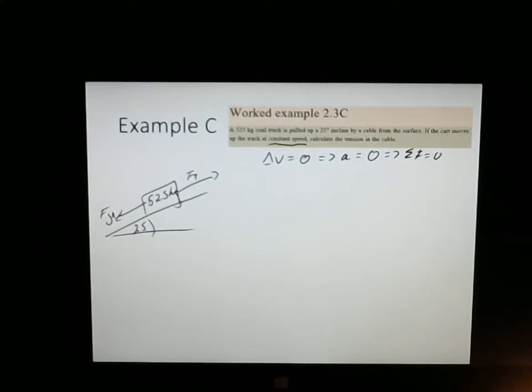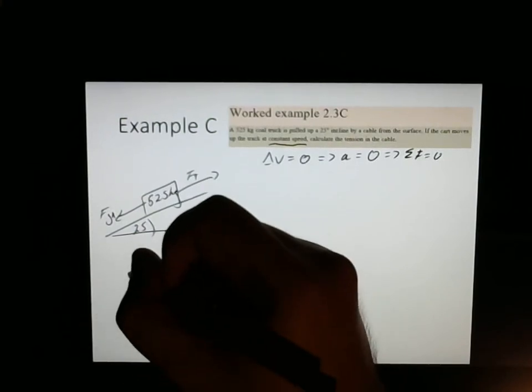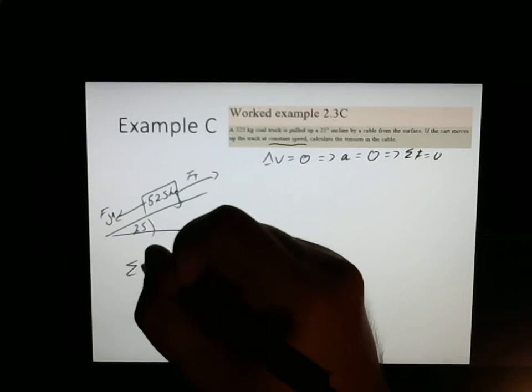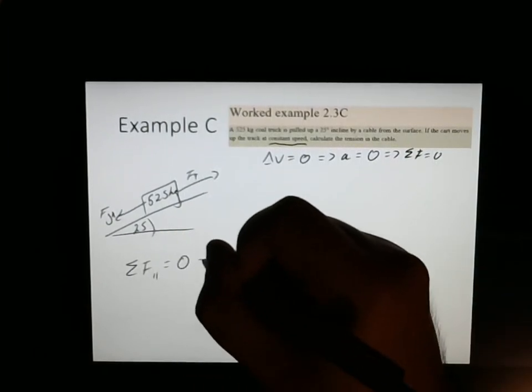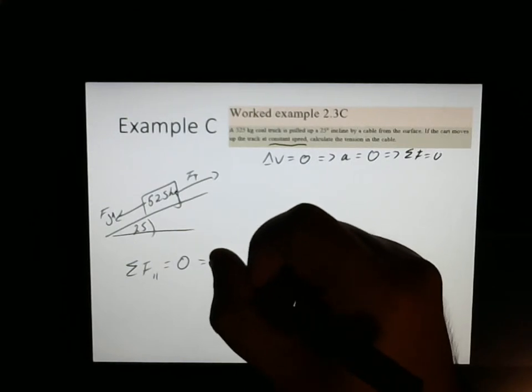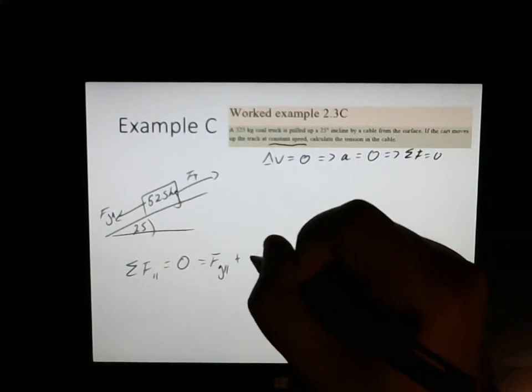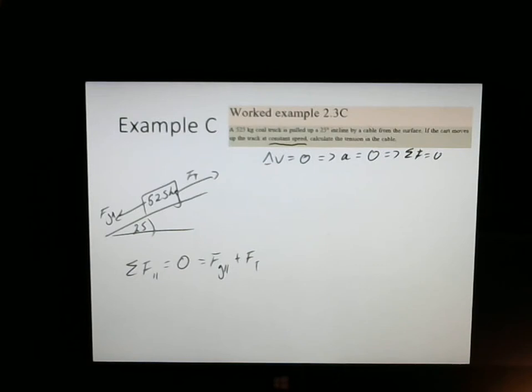We're told it's constant speed. That tells us the sum of forces must equal 0. So let's write that down. The sum of forces must equal 0.